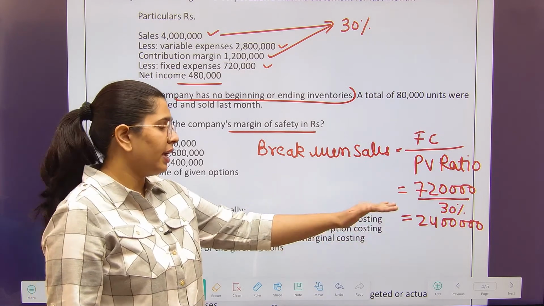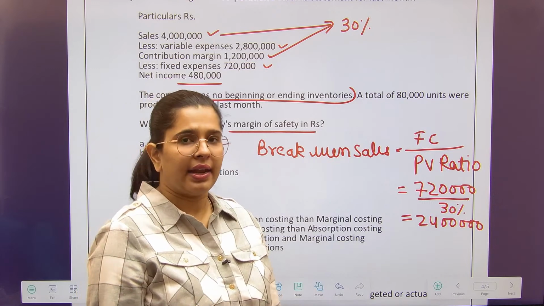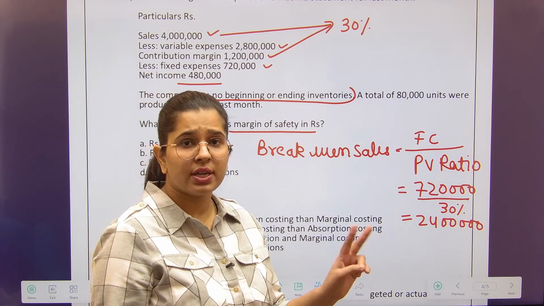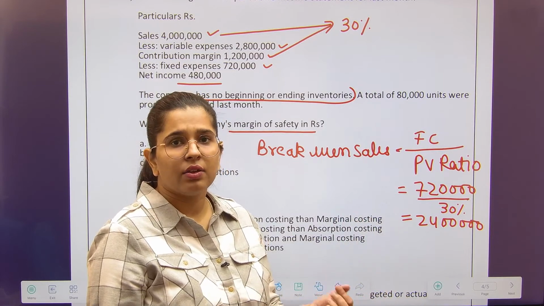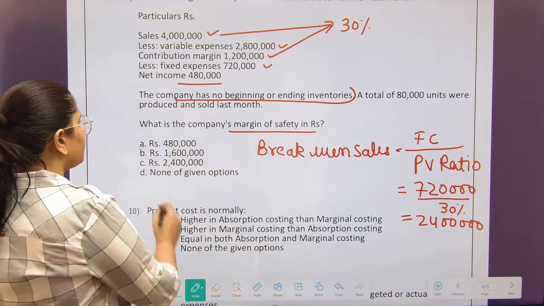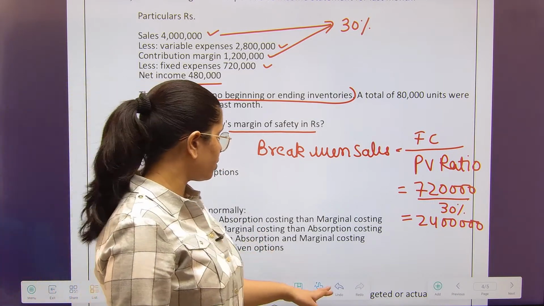It means at this point I earn no profit, no loss. And if I am making sales of 40 lakhs, that means the extra sale of 16 lakh. 40 minus 24, 16 lakh is my margin of safety.